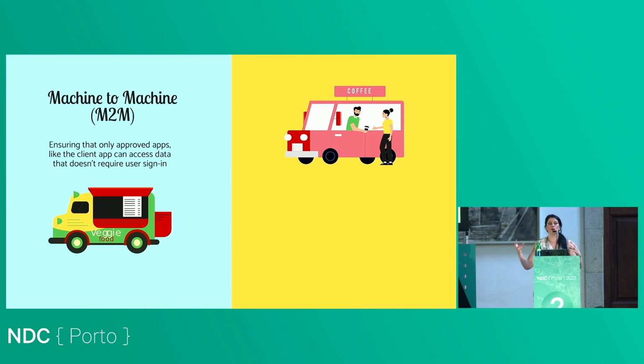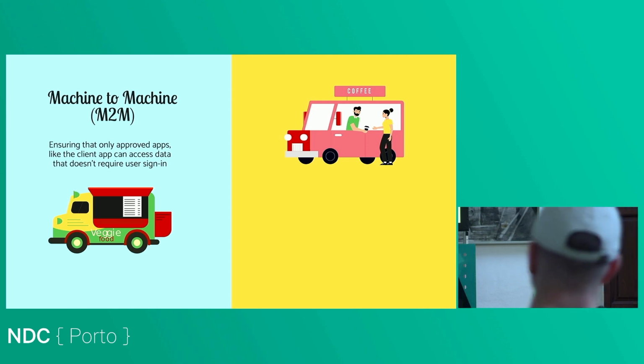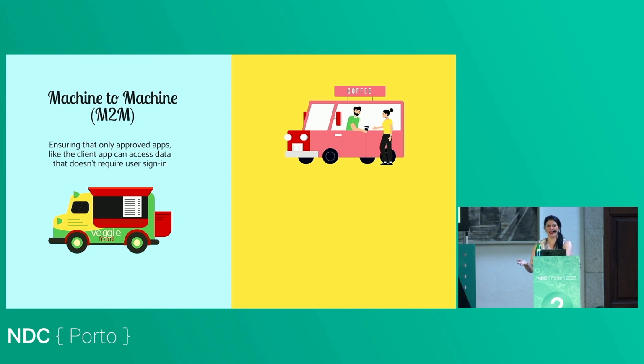And these are where your machines will authenticate with each other without a user having to log in. So you don't want to go up to your online ordering site and say, oh, really fancy a taco. What type of tacos do they have? What? I need to create an account before I can see what food is available. You don't want that, okay? So you need this machine-to-machine.